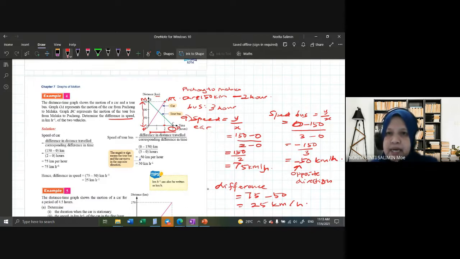That's why the bus is late, taking 3 hours to arrive at the destination. This is mentioned here: the negative sign means the bus and the car move in opposite directions.